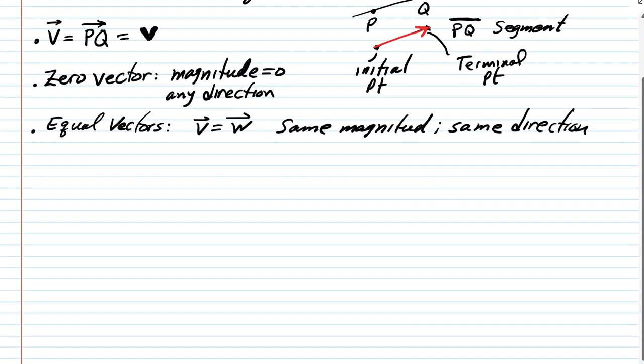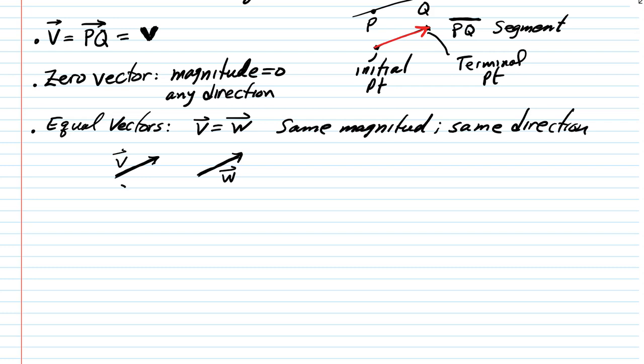Same magnitude, same direction. So for instance, let's say I have a vector V like this, and I have a vector W elsewhere like that. These two vectors must be going exactly in the same direction, even the same angle of elevation or depression in this case, and they must have the same magnitude.